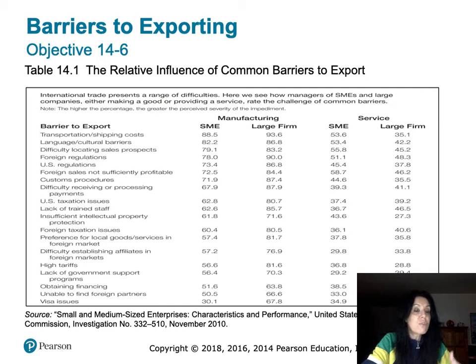Lack of government support programs for exporting, obtaining financing is another important challenge, visa issues, being unable to find foreign staff and partners, and other issues related to filing documents, customs procedures, and so forth.